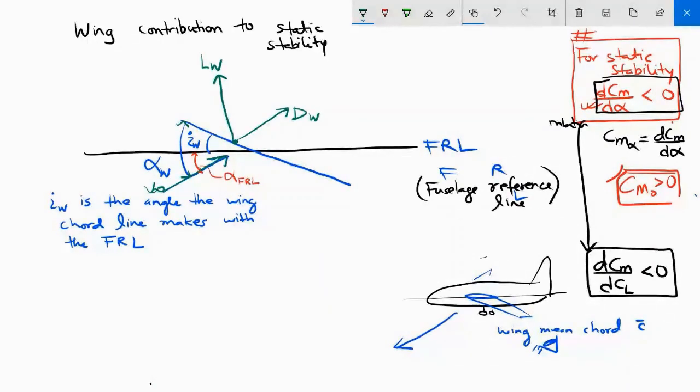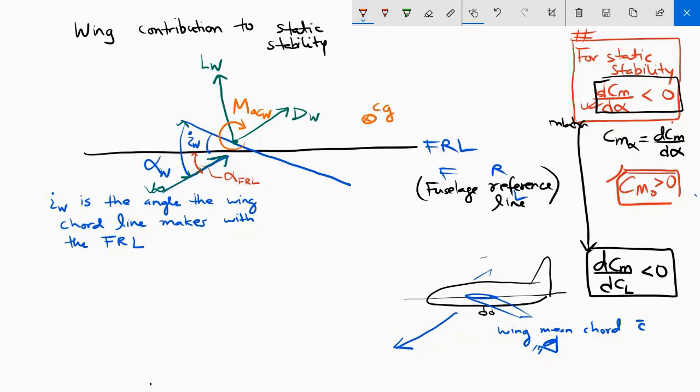The resultant aerodynamic force also creates a moment about the aerodynamic center, so I'm also going to label that. This is the moment about the aerodynamic center of the wing. And let's imagine that the center of gravity of this aircraft is somewhere here. This is the center of gravity.